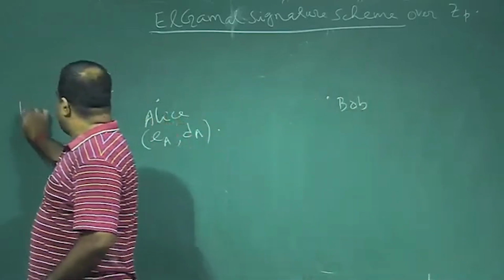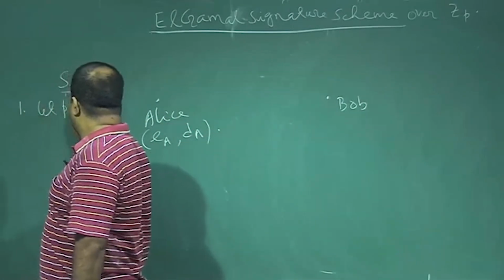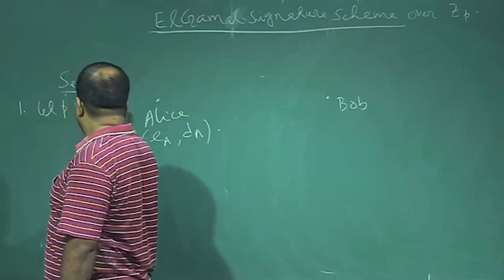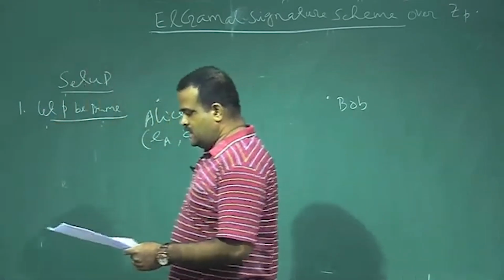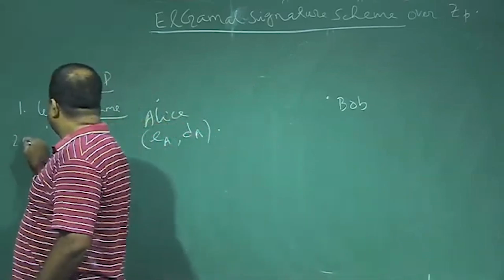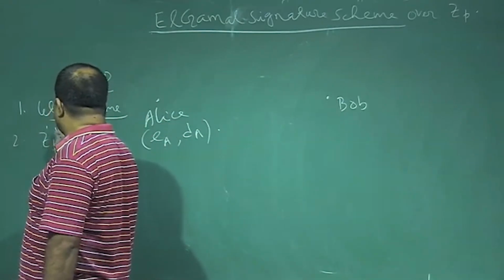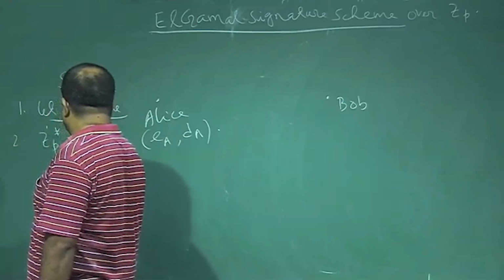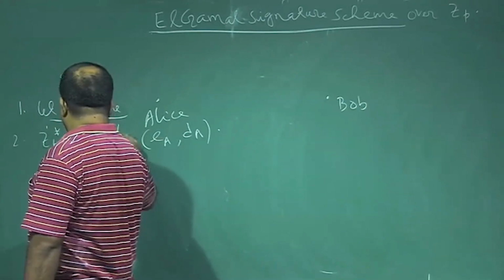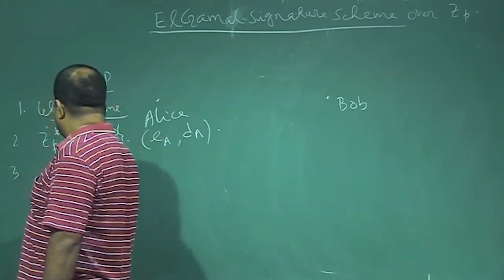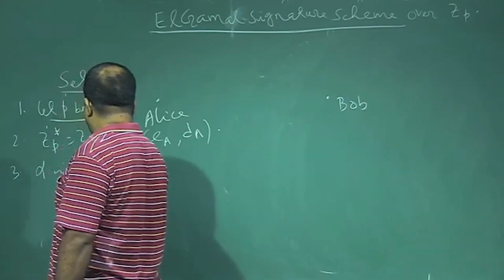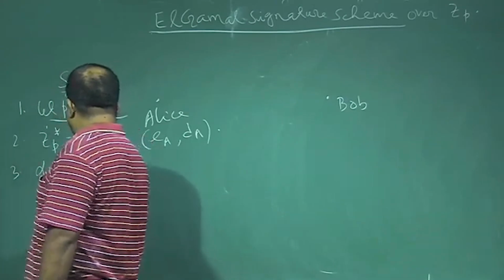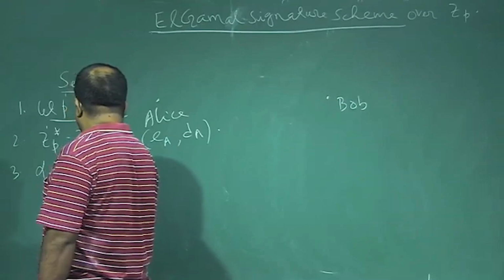Alice will choose a prime, let p be a large prime so that the discrete log problem is hard, and then Zp star is a cyclic group. This is basically Zp minus 0. Alice chooses a generator, alpha, a primitive element or generator of this group.